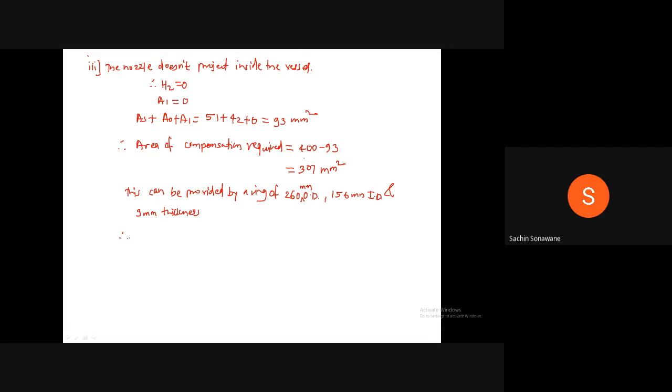Therefore, area of compensation by ring is equal to 260 minus 156 into 3, which is equal to 312 mm square.